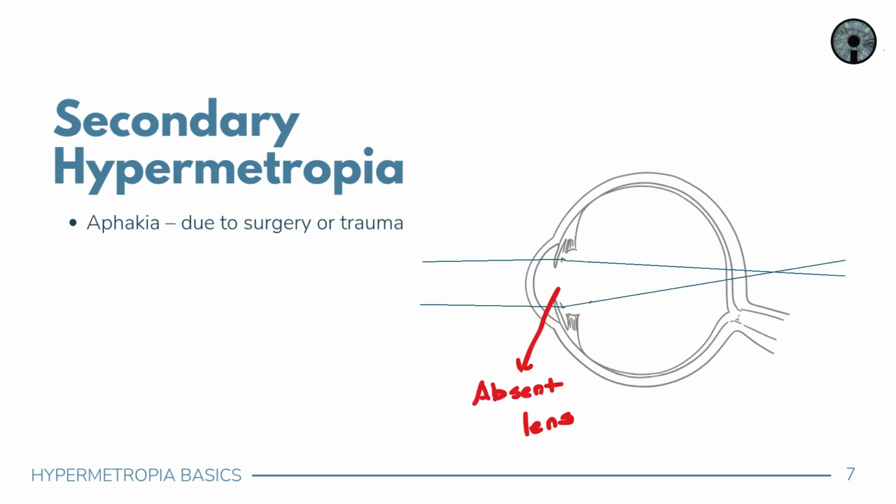We have already seen that the lens contributes about 15 to 20 diopters of convergence power of a normal eye. Now, if a situation arises leading to absence of the lens, or aphakia, either as a result of complicated cataract surgery or trauma, then this 15 diopters of convergence power of the eye is lost, leading to secondary hypermetropia.